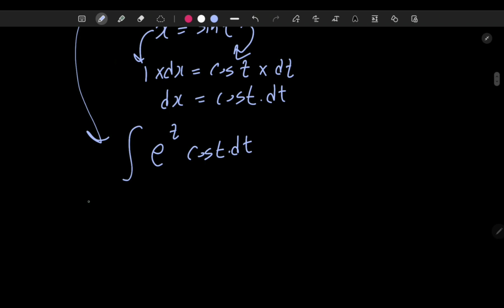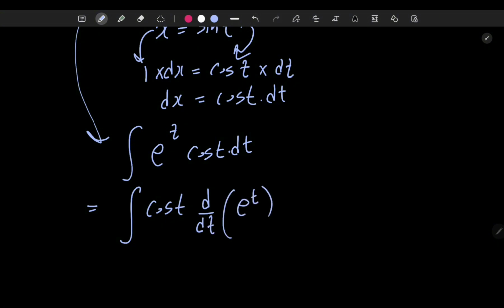In this step I am going to do the integral by parts. Let's say cos t I am going to differentiate, and e to the t I am going to integrate.